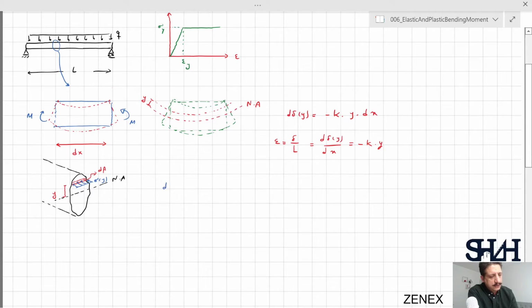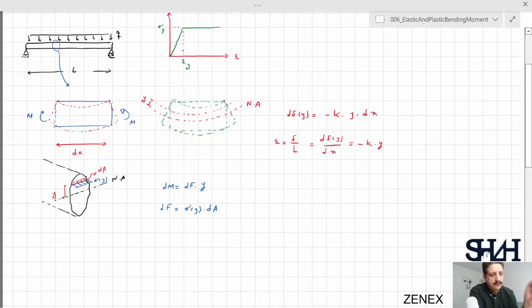So the differential of moment will be the differential of force times y. And the differential of force will be sigma times dA.